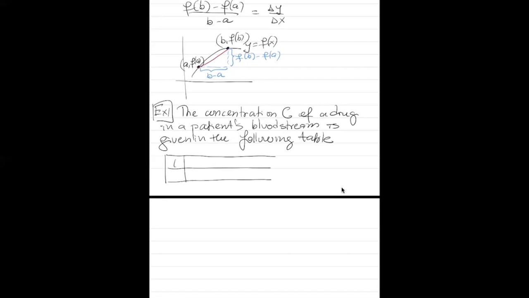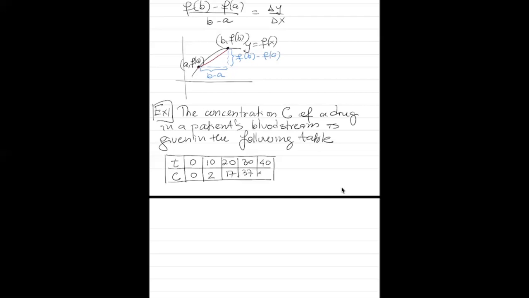So we have t in terms of minutes and concentration. At 0 minutes, the concentration is 0. At 10 minutes, it's 2. At 20 it's 17, at 30 it's 37, at 40 it's 55, and at 50 it's 73, and so on.